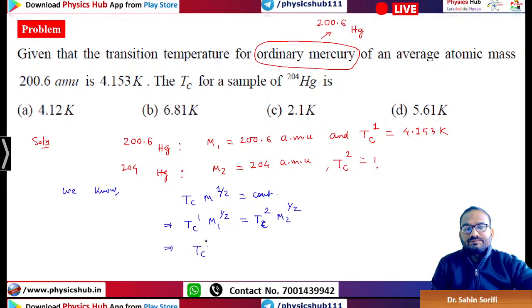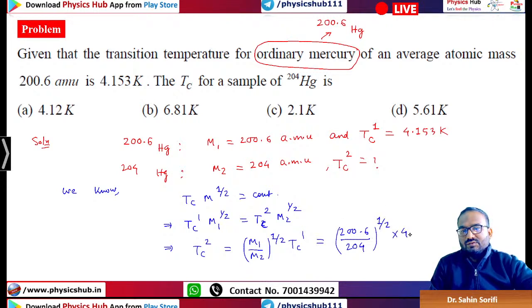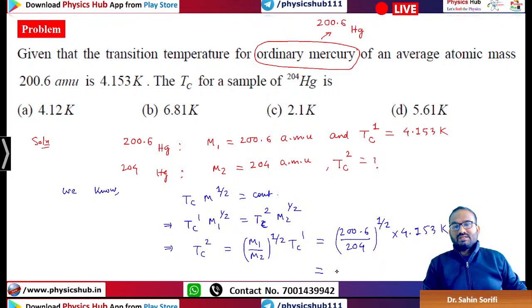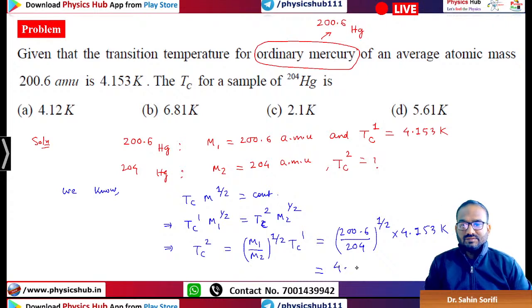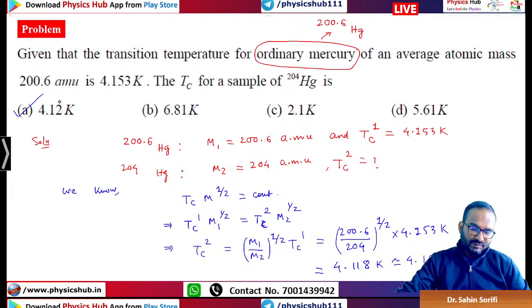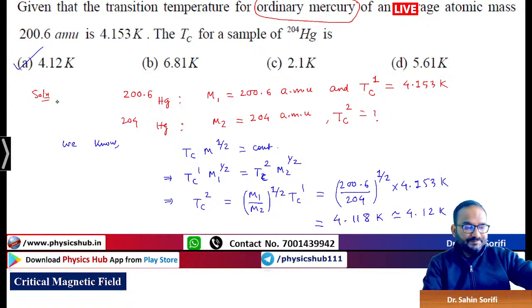So Tc2 is equal to m1 by m2 to the power half times Tc1, that is 200.6 by 204 to the power half, into 4.15 Kelvin. Whatever is the answer, that will be the answer: 4.118 Kelvin, approximately 4.12 Kelvin. Option A. Clear?